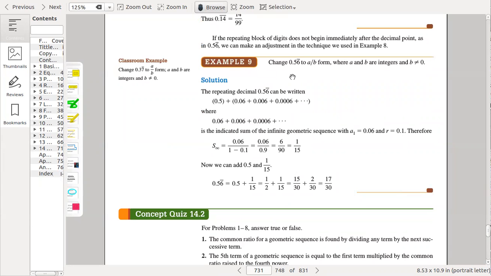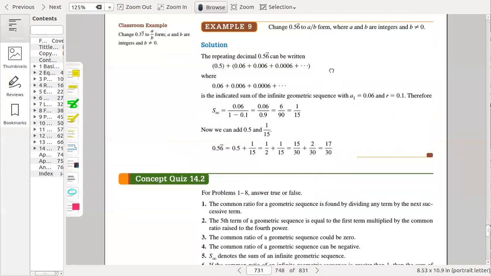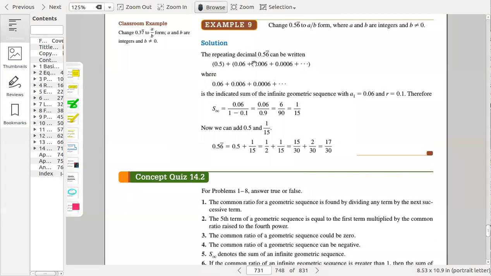Change 0.56 bar to a divided by b form where a and b are integers and b is not equal to 0.